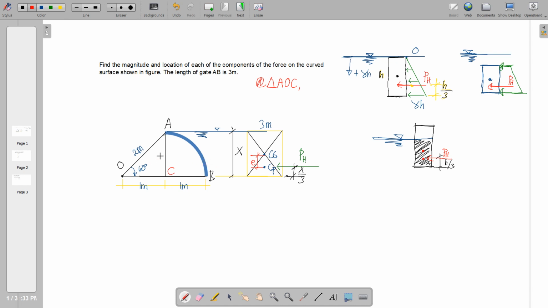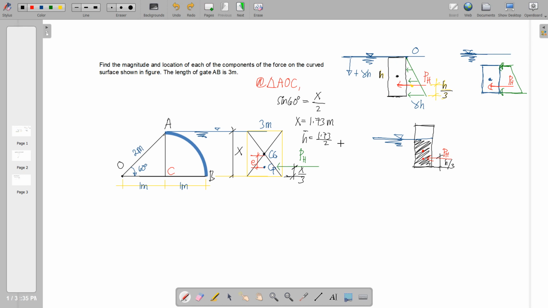And we have the hypotenuse, so therefore we are using opposite and hypotenuse, so therefore we take the function of sine, and then opposite to sine is X, and the hypotenuse is 2 meters. Hence, by cross multiplication, X would be equal to 1.73 meters. Now, as you can see, H bar is just the half of your X, because that is the center of gravity of a rectangle. We just use half of the dimension.